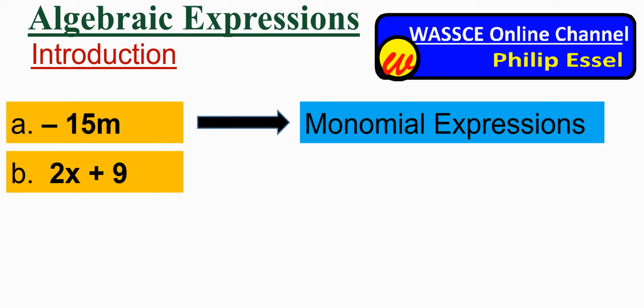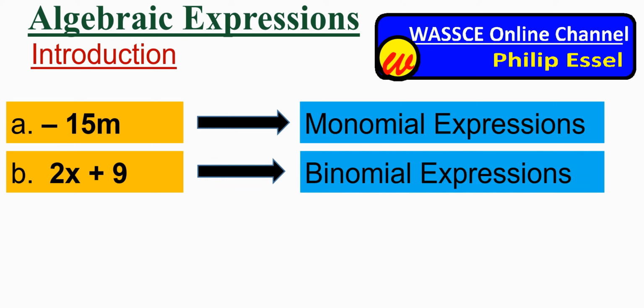Algebraic expressions that occur in two terms are called binomial expressions. Remember, the prefix bi means two. So binomial expressions are algebraic expressions with two terms. For example, we have 2x plus 9. It is in two terms.